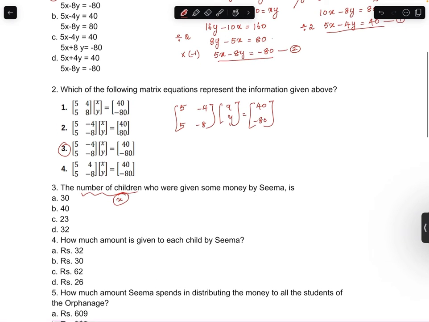Third question, the number of children who were given some money by Seema. So we have to figure out X here. Let's take down both the equations and solve them. 5X minus 4Y is equal to 40 and 5X minus 8Y is equal to minus 80. Let's subtract the second equation from the first.